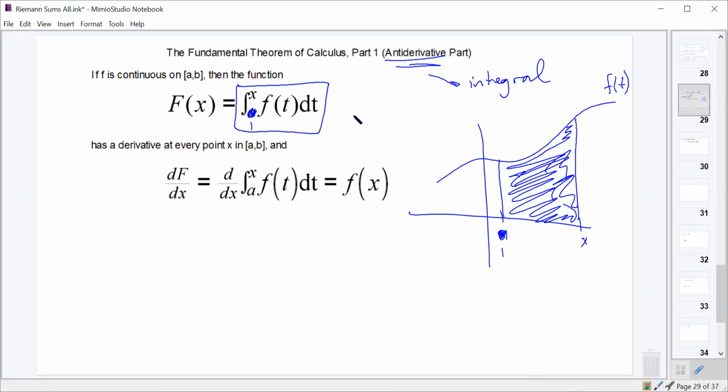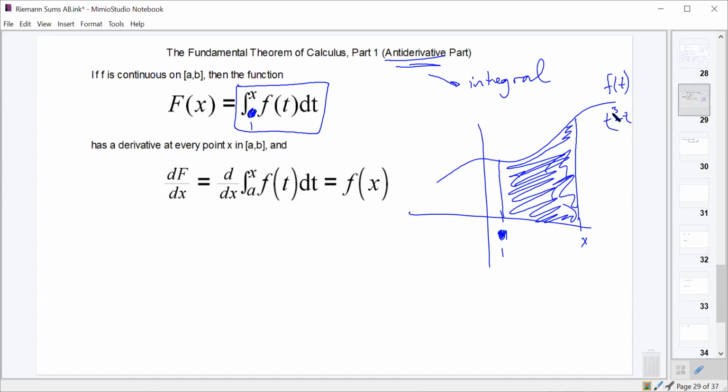So if f of t, let's just pretend f of t was t cubed minus t or something like that. I know that's not the right function, but suppose it was that. Well, there is some other function that represents the area from 1 to any other x value underneath this curve.